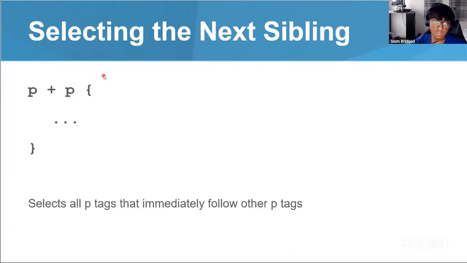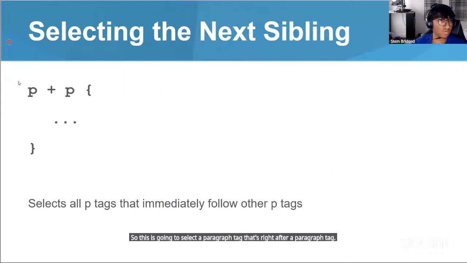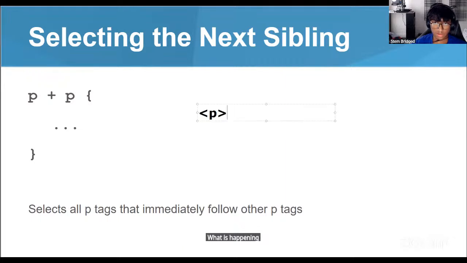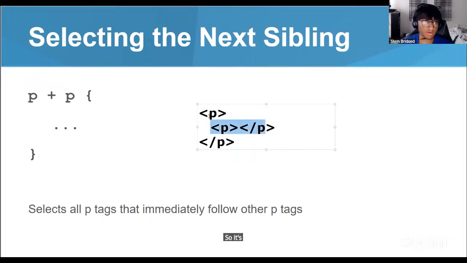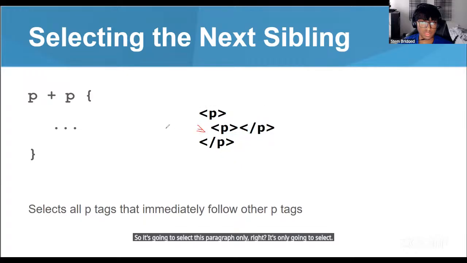So this is going to select a paragraph tag that's right after a paragraph tag. So what is this going to look like? Why is it capital? So it's going to select this paragraph only, right? It's only going to select that paragraph in the middle.